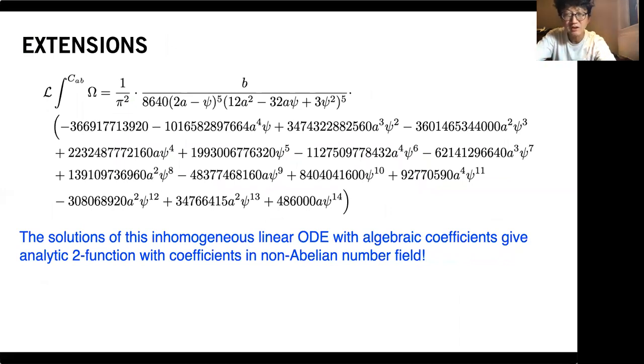Does that residue field have anything to do with the field of definition of the cycle? It's contained in the field of definition of the cycle. Oh, it's contained. Why is that?